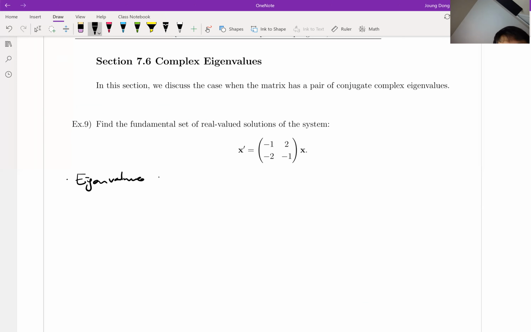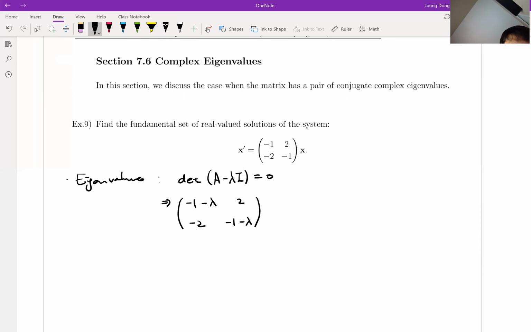we're going to set determinant of A minus lambda I equals 0. Plug in everything: minus 1 minus lambda, 2, minus 2, minus 1 minus lambda.